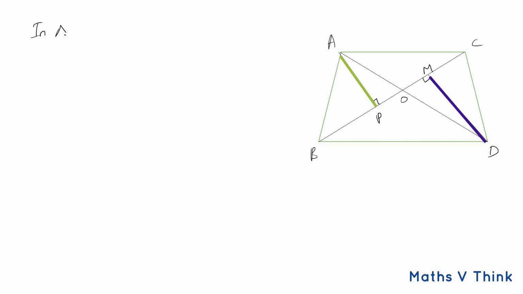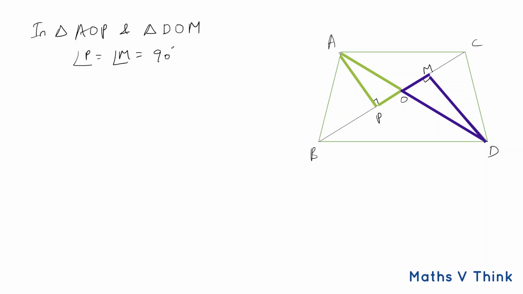So in triangle AOP and triangle DOM, I can tell angle P is equal to angle M is equal to 90 degrees, that is by construction. Same way, I can tell that these two vertically opposite angles will be equal.